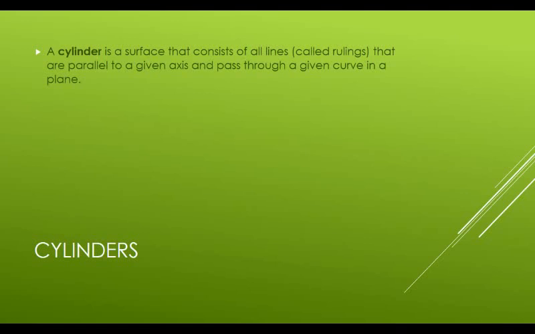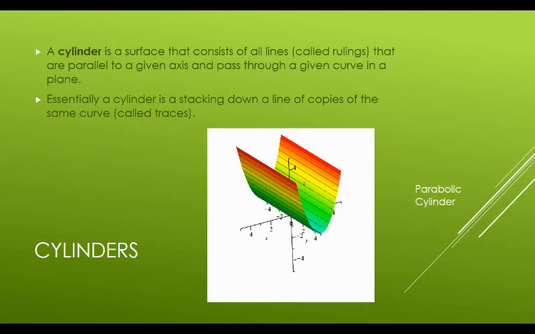Now that sounds a little funny, but I think the better way to think of it is you take a curve that's in the XY plane, or whatever plane you want, and you stack copies of this curve down a line. A picture of such a thing is this parabolic cylinder here. This parabolic cylinder is basically a stacking of a bunch of these parabolas that are just stacked along these lines here.